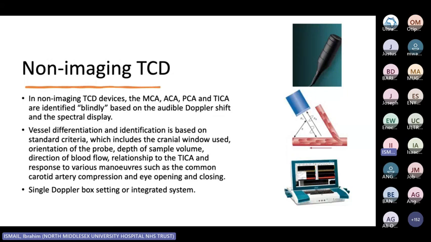Vessel identification is based on standard criteria, which includes the cranial window used, so obviously the transtemporal, which is commonly used, orientation of the probe, as I said before, anteriorly, posteriorly, inferiorly, depth of sample volume, direction of the blood flow, relationship to the terminal internal carotid artery, and response to various maneuvers such as common carotid artery compression and eye opening and closing.